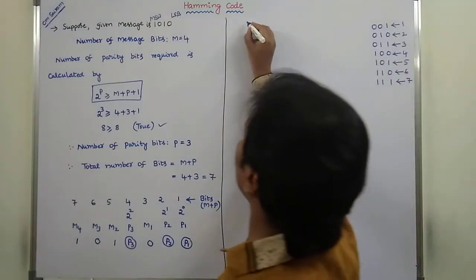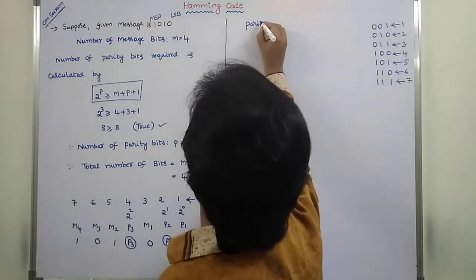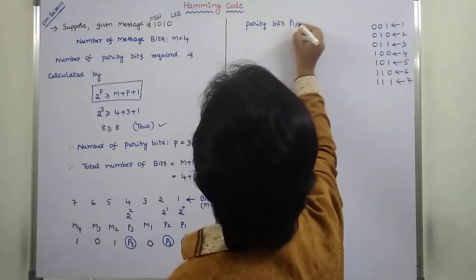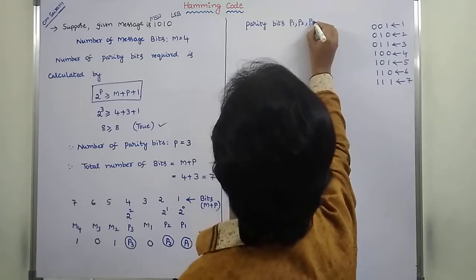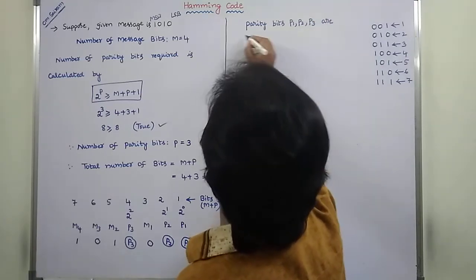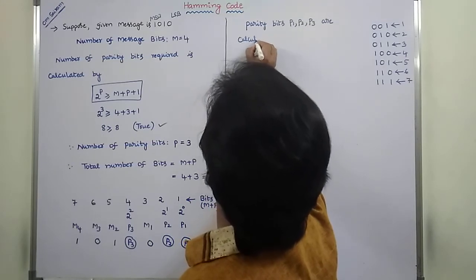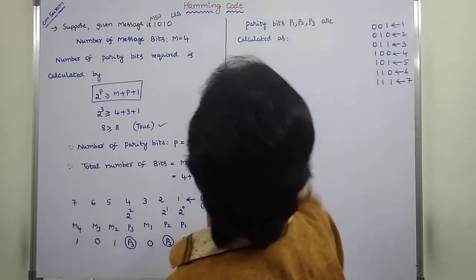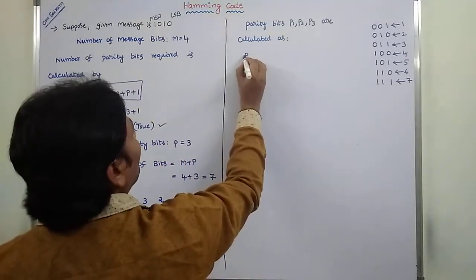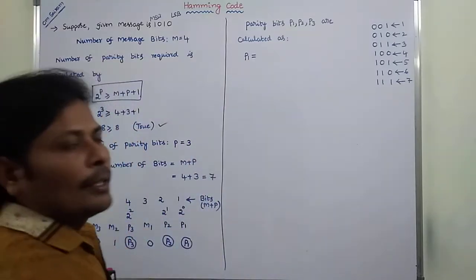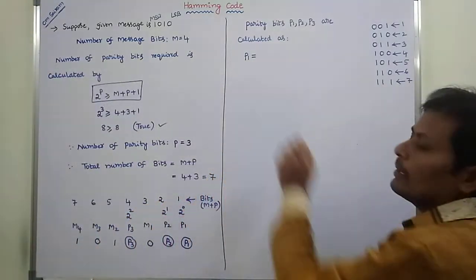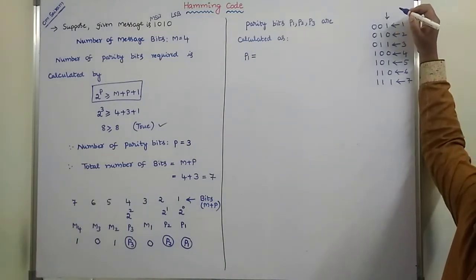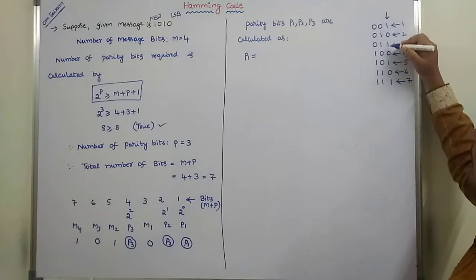Now the parity bits P1, P2, P3 are calculated. First we take P1. While calculating P1, we consider the LSB, the least significant position column, and look at where the 1 is.